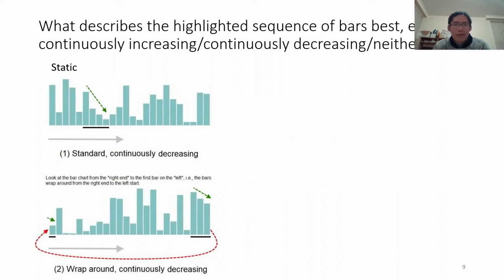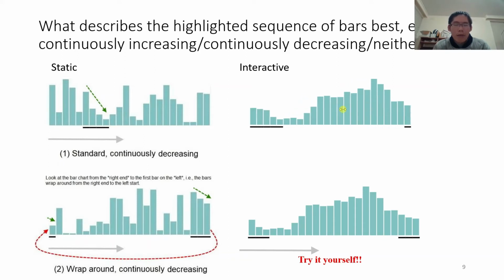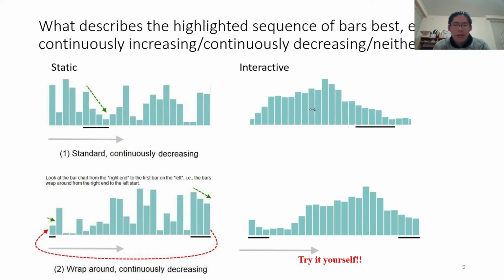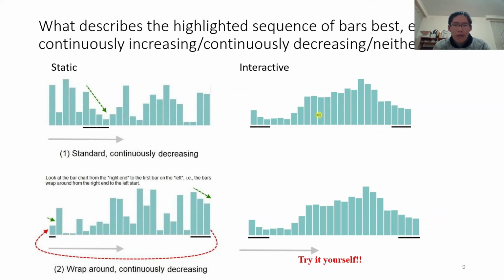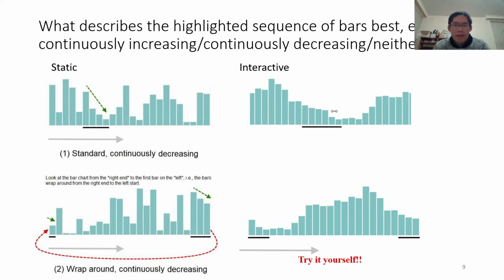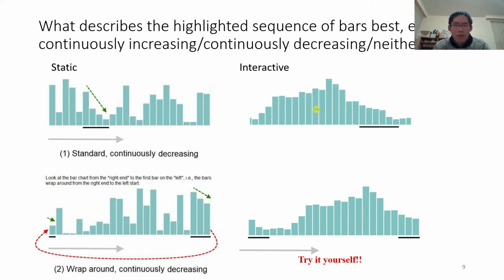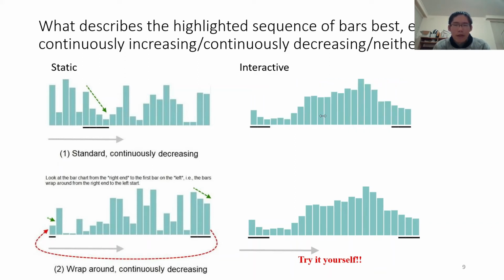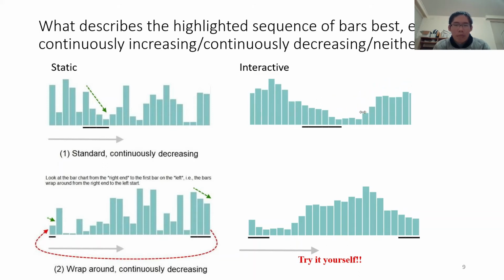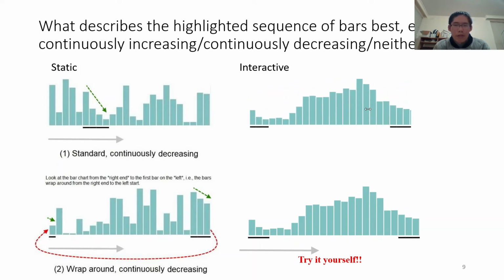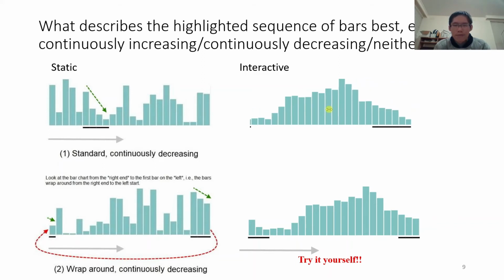The first task is trend identification. We first show examples of highlighted sequence of bars that are continuously decreasing. Animated examples demonstrating interactive wrapping are given. Then, an identical example to the interactive wrapping is shown to the participant for them to try themselves.